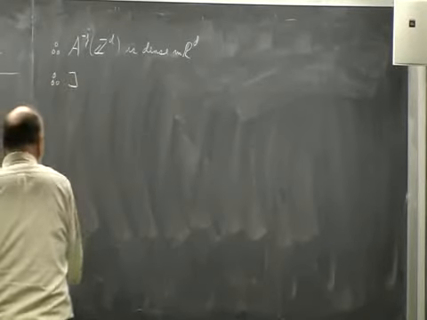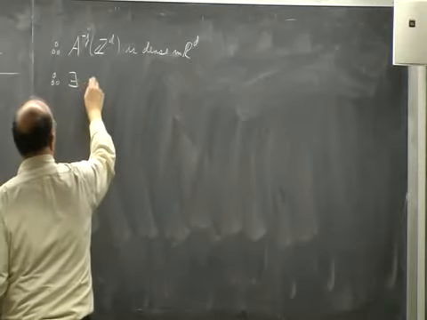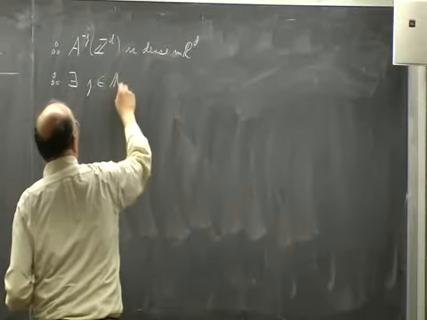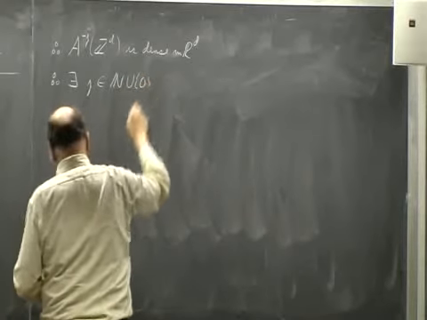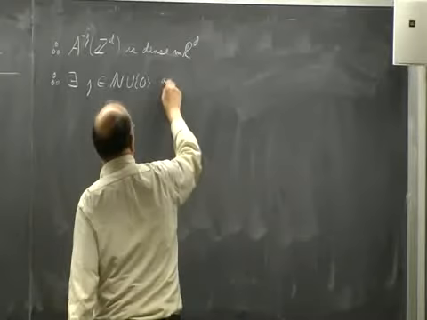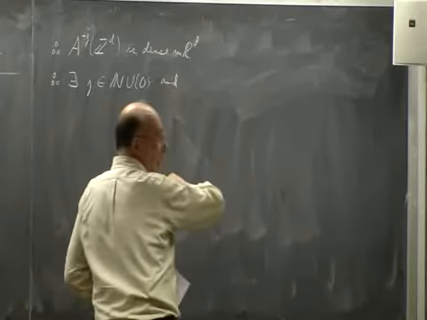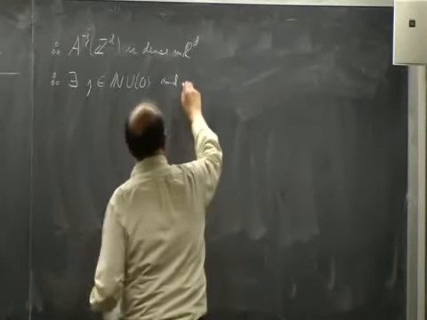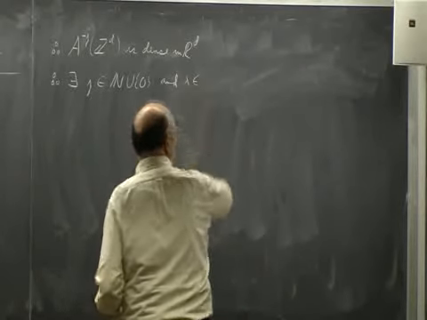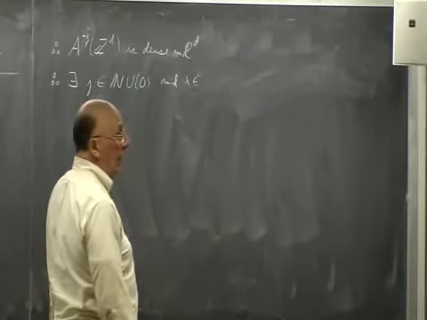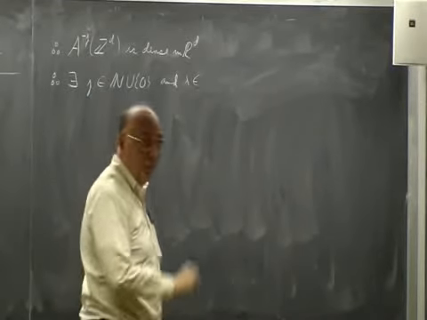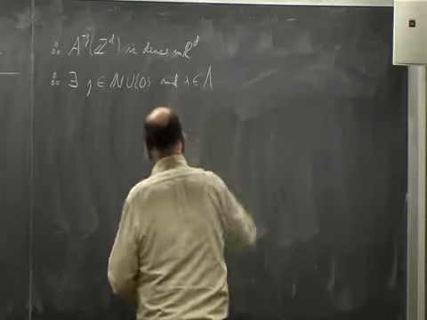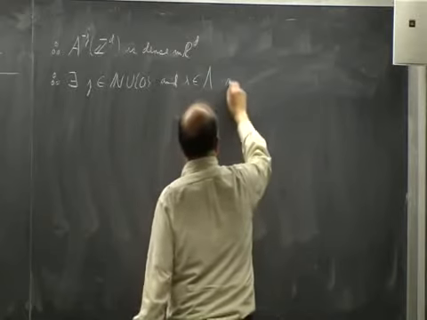Therefore, we can find the j in N union 0 and a lambda in the lattice. So I wrote this down for Z^d, and I'm doing it for lattices, which is one of the reasons.